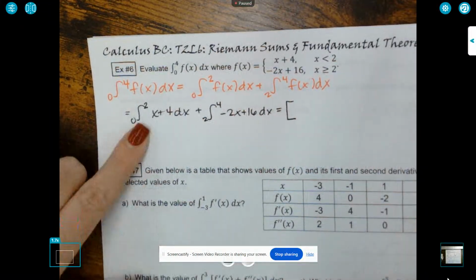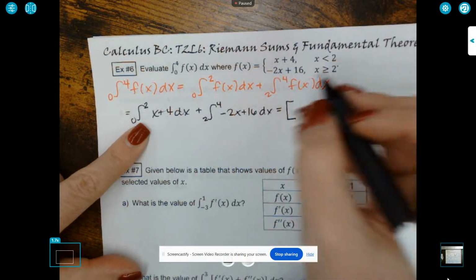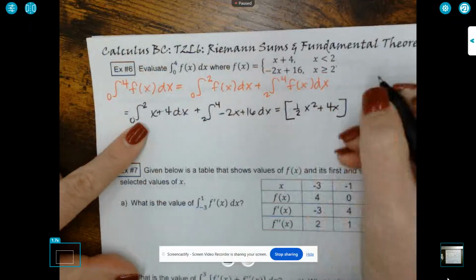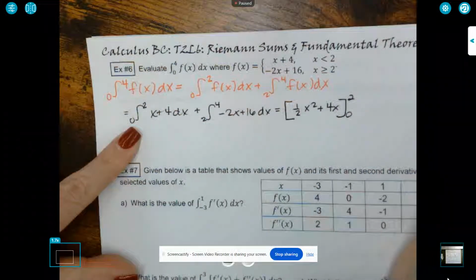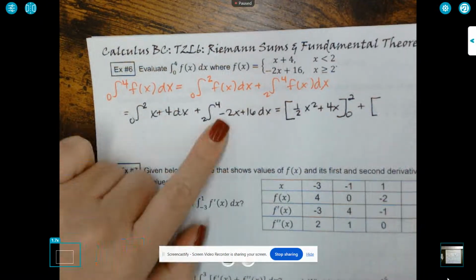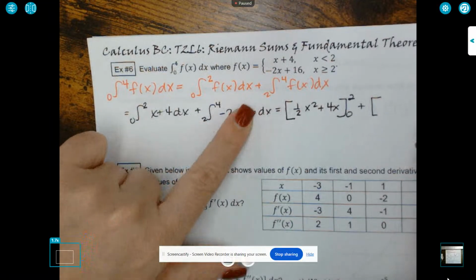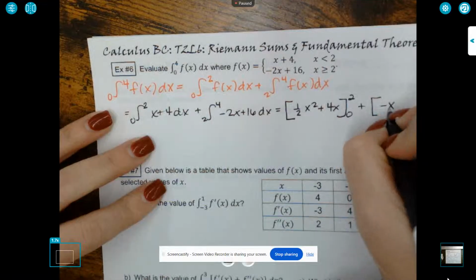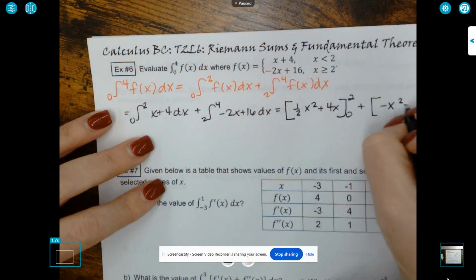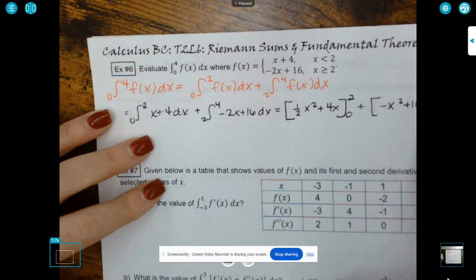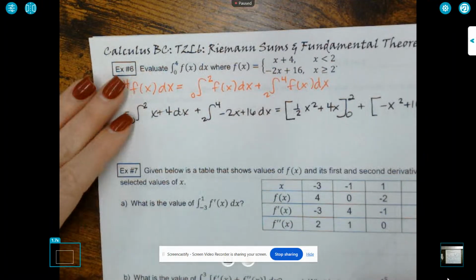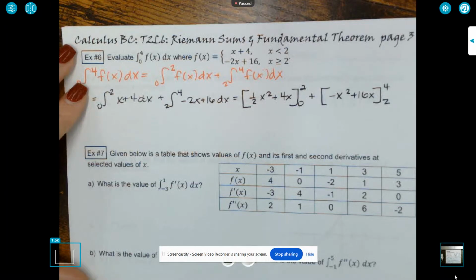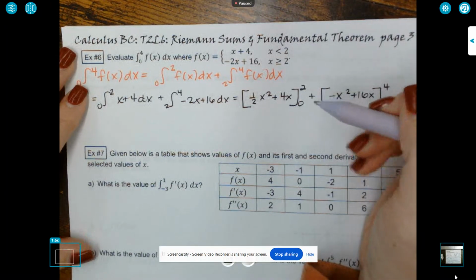If I take the antiderivative of x plus 4, it's going to give me 1/2 x squared plus 4x, and that's a definite integral from 0 to 2, plus the antiderivative here is going to be negative 2 divided by 2 is negative 1, so negative x squared plus 16x, and again, that's a definite integral from 2 to 4. All right, so now you're going to plug in the numbers you need. So I'm going to do 2 first, right?